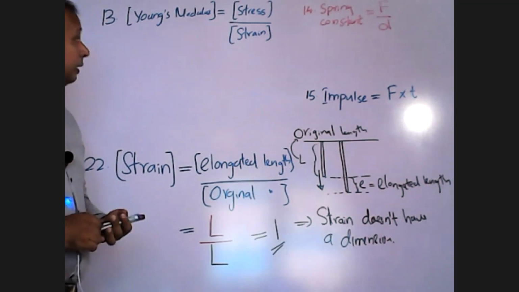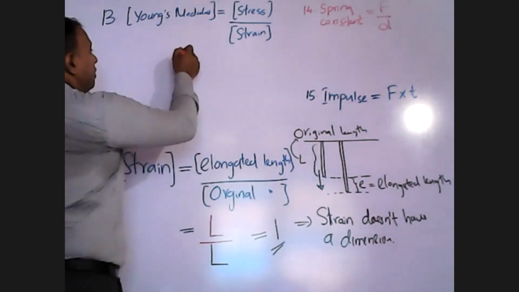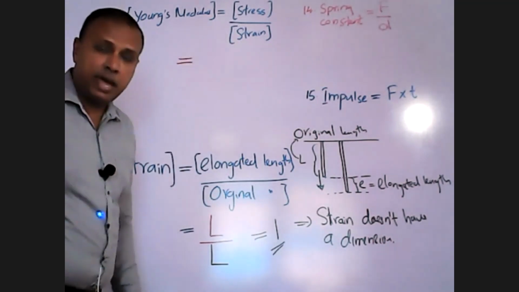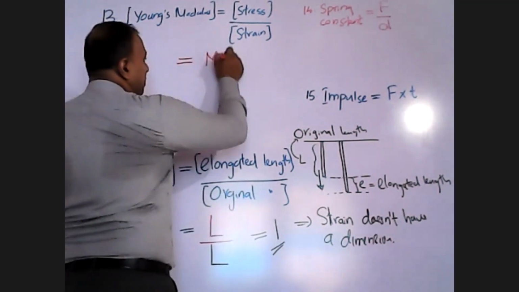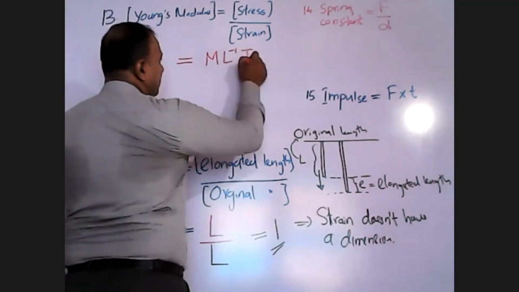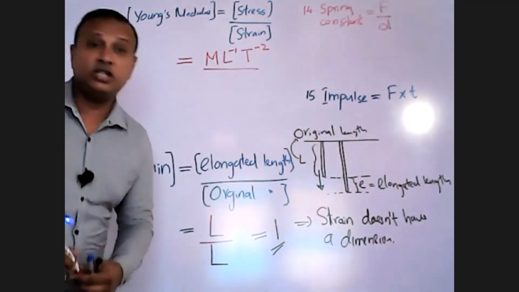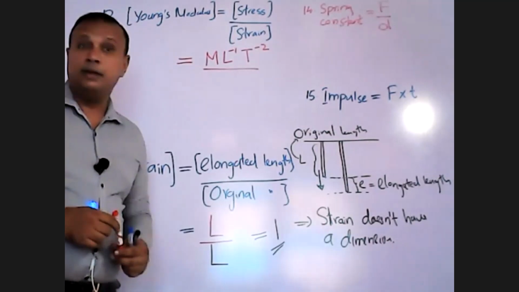Dimension of stress, you know the dimension of stress. That is equal to ML^-1 T^-2 over dimension of strain.